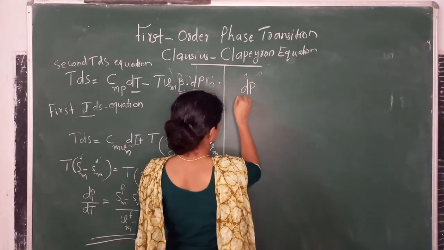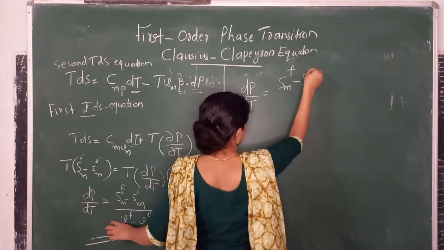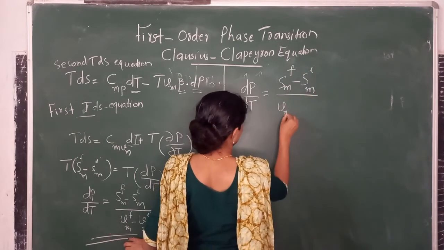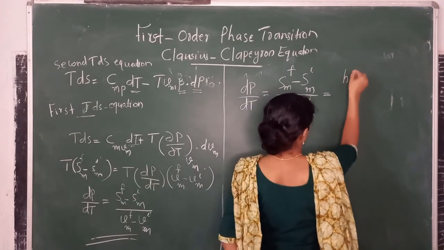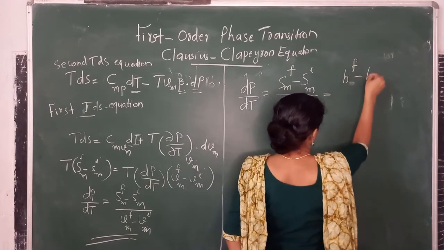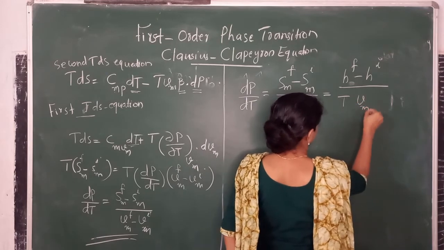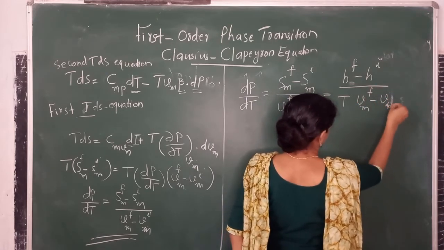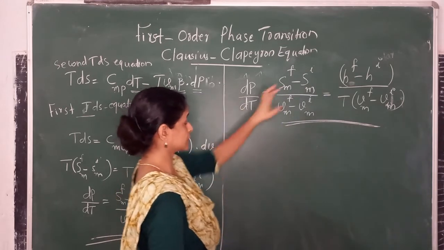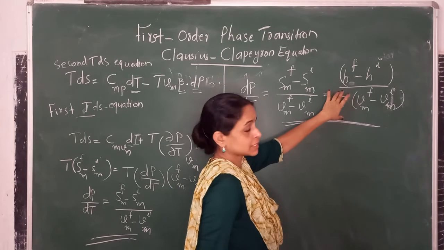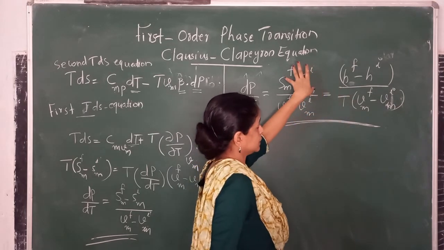That is dP by dT, which is equal to SMF minus SMI divided by VMF minus VMI, which is equal to HF minus HI, the molar enthalpy, divided by T into VF minus VI. Since during the phase transition T is a constant, dH is equal to TdS.